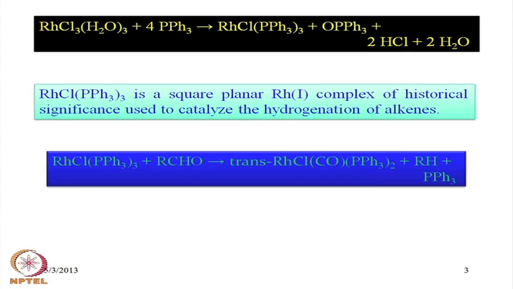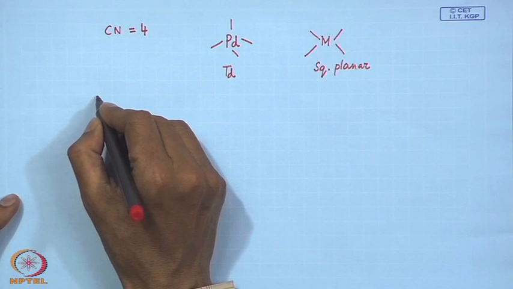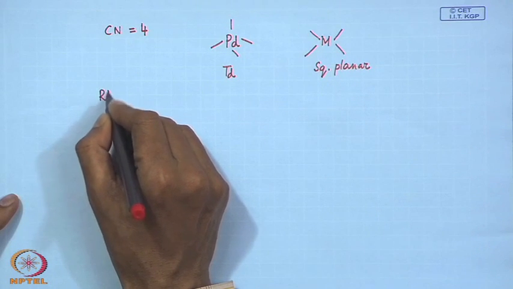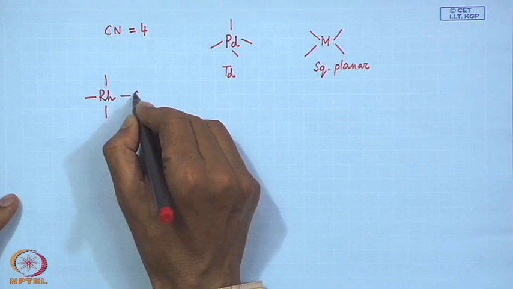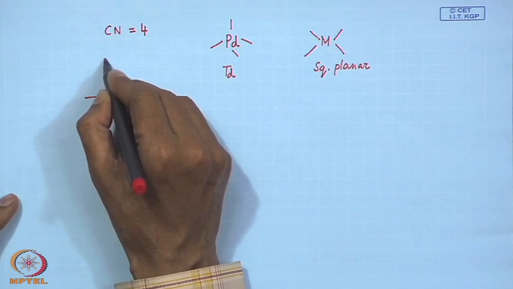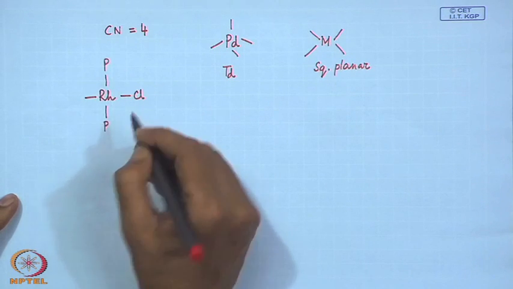So, the phosphine groups are present trans to each other on the rhodium. This is the phosphine, this is the phosphine.